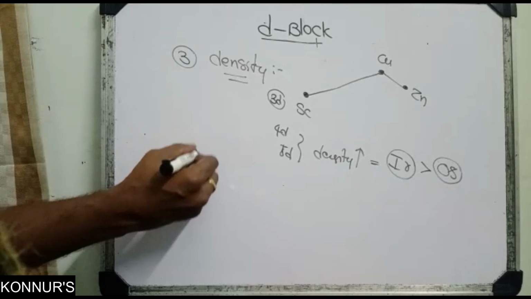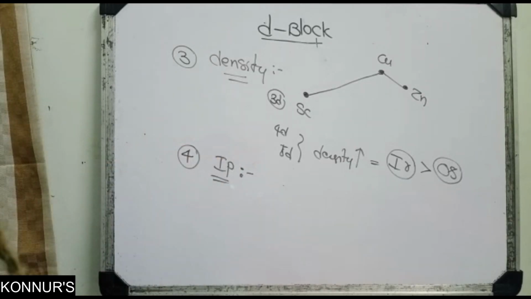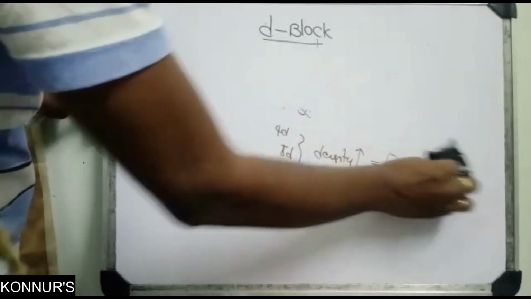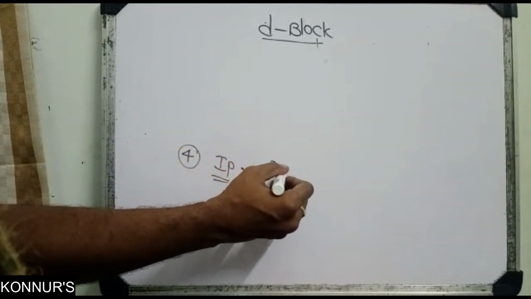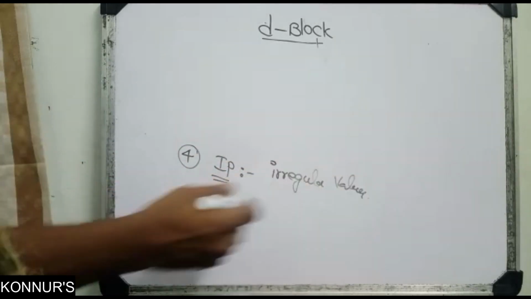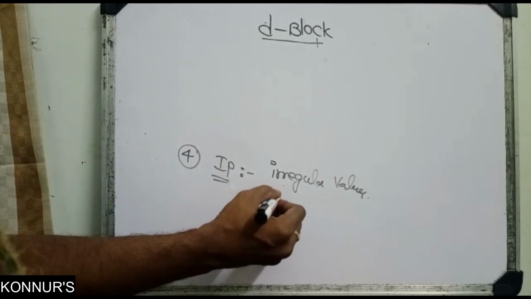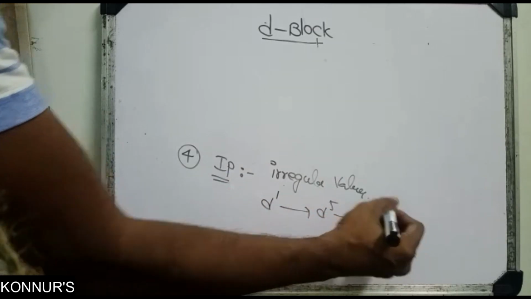Next, fourth, ionization potential. The IP value, left to right in a period, generally gradually increases. But here irregular values are observed. The irregularity is because of the D electrons, D1, D2, D5, and D10.